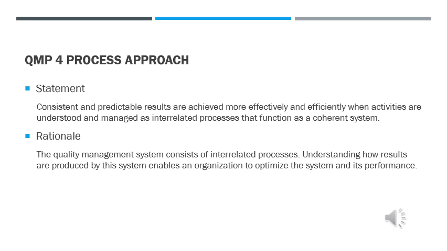So the actions that can be taken to promote the process approach in QMP4, such as define the objective of the system and processes necessary to achieve them. Establish authority, responsibility, and accountability for managing processes.